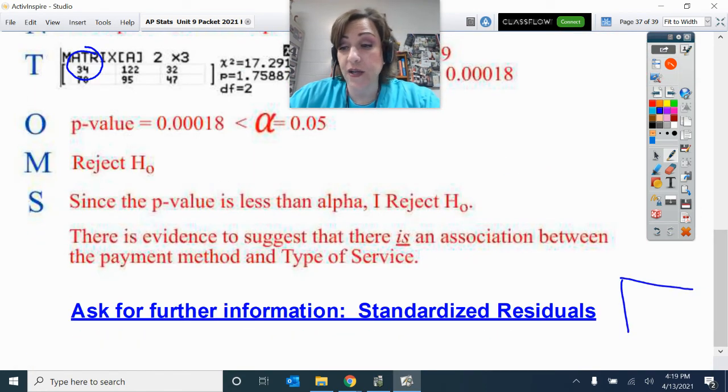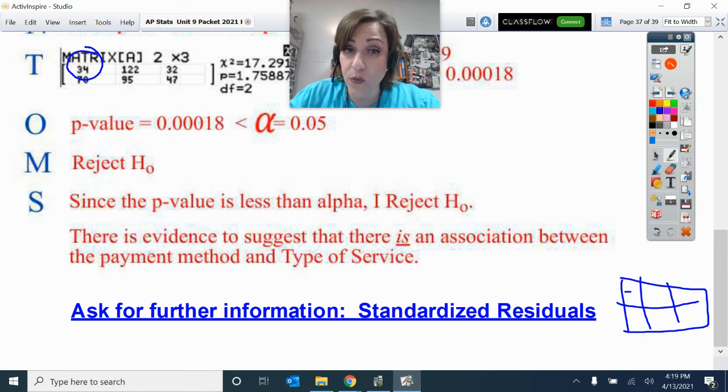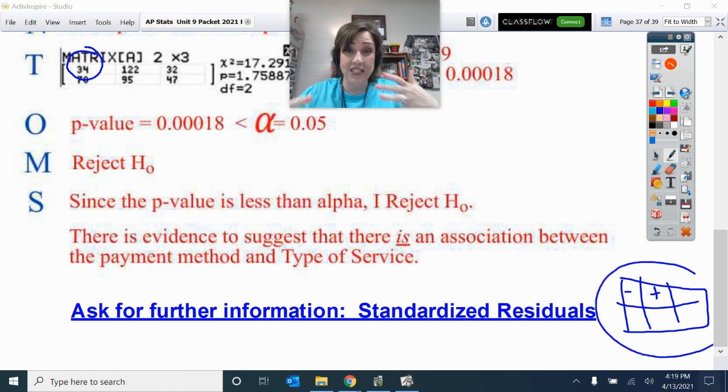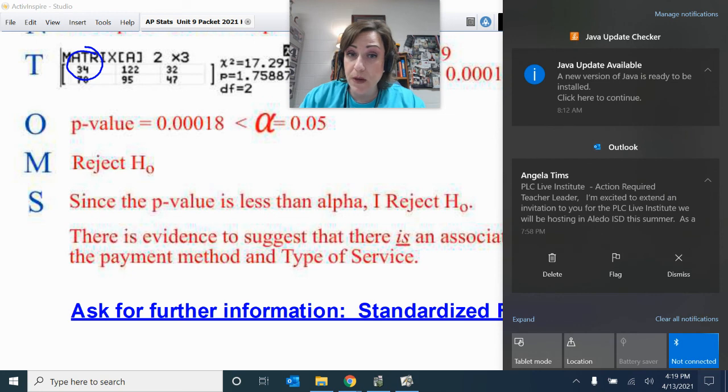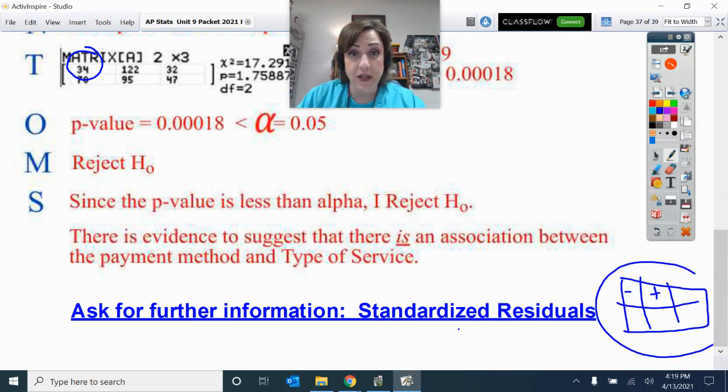When you get that matrix, if you have negative residuals, then what actually occurred was below what was expected. If you have a positive standardized residual, then what you observed was above what was expected. And so you're going to make a statement. Probably they would ask you something like, which contributed most to the chi-squared value.